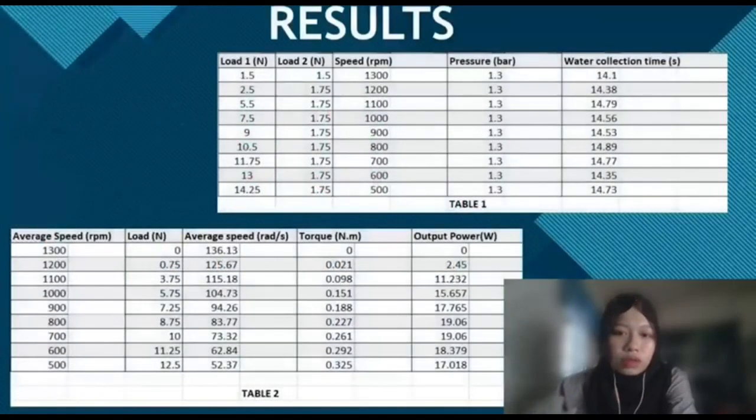So for the result, Table 1 shows that we evaluate the Pelton turbine wheel load. We have different load 1 and load 2.